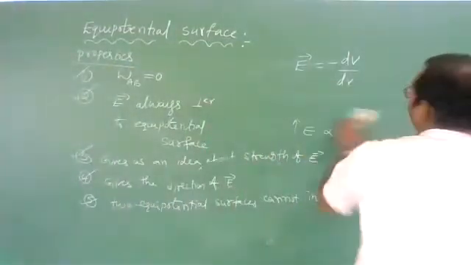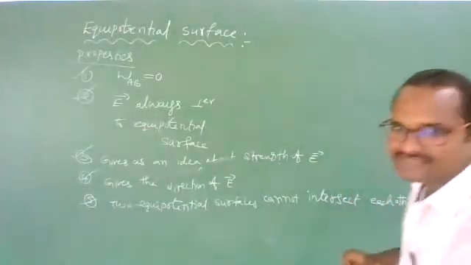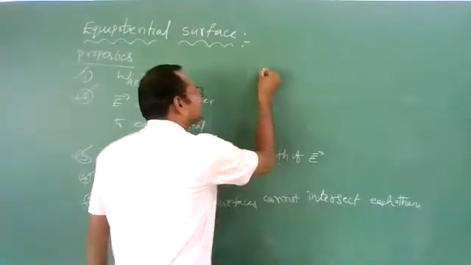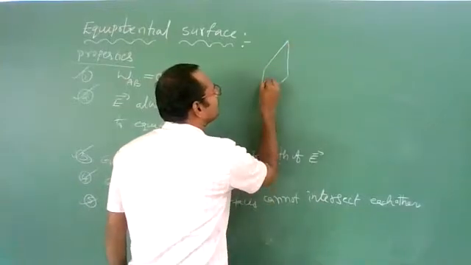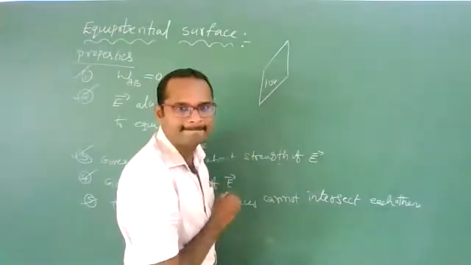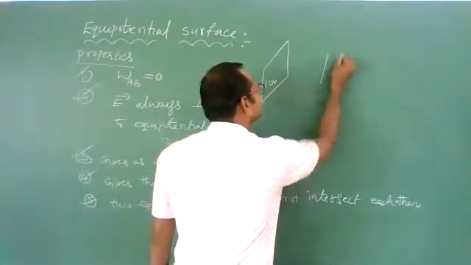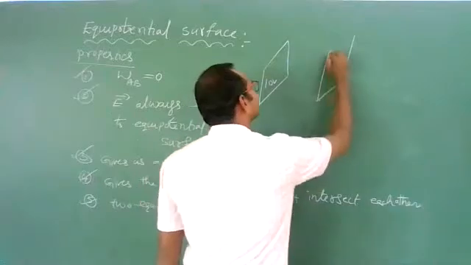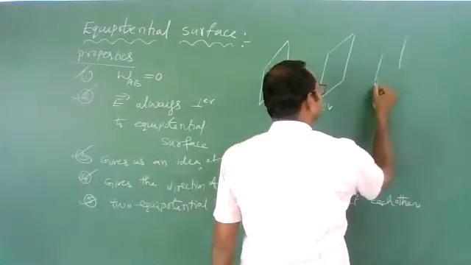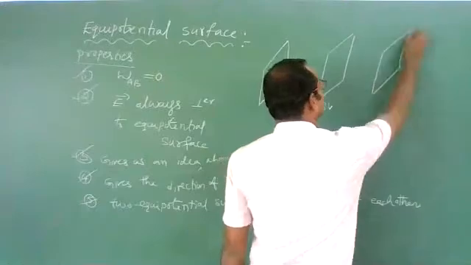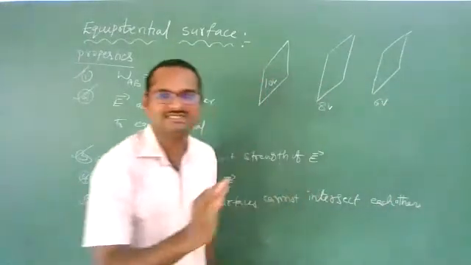Imagine you consider one surface. Imagine this potential is 10 volt. Another surface, imagine its potential is 8 volt, and one more surface, 6 volt, like this.